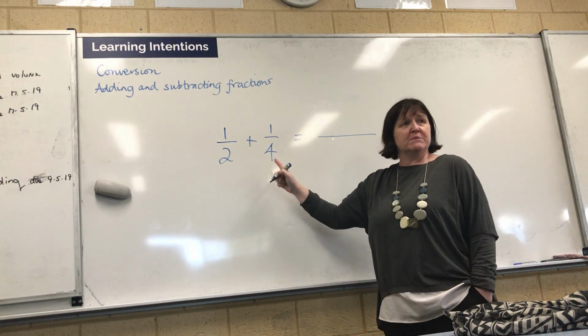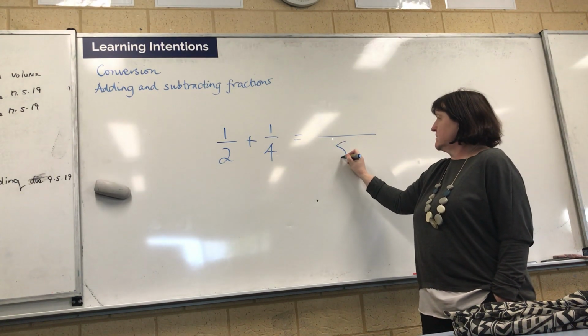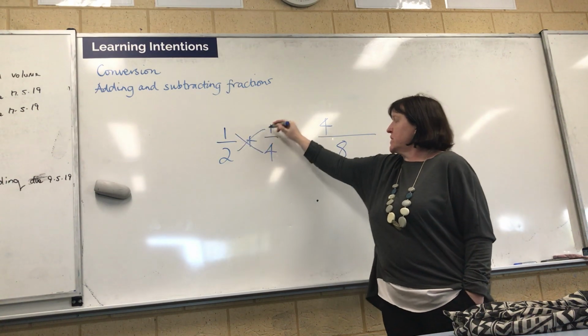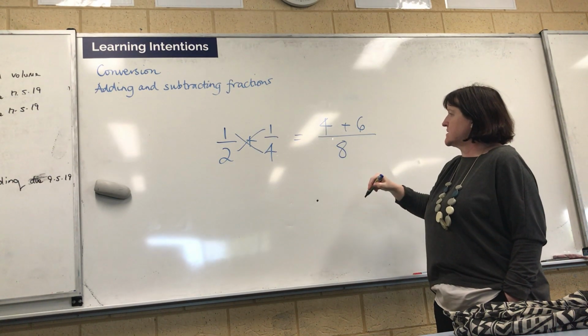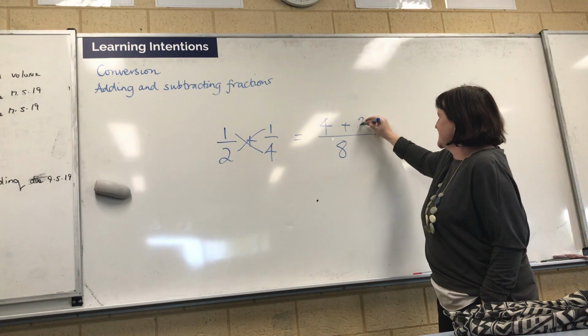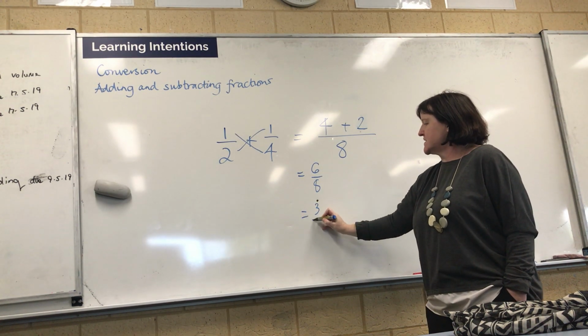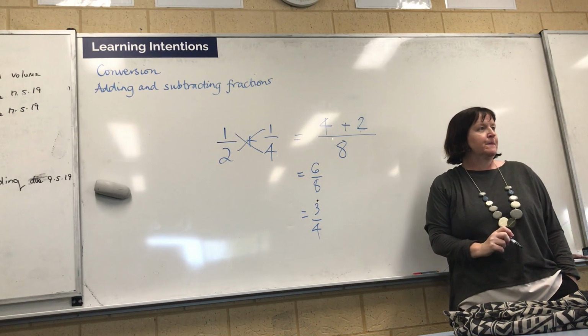We'd do 2 times 4 is 8. 1 times 4 is 4. 2 times 1 is 2. Sorry, I was saying 6 because that's the answer, obviously. And then it comes to 6 over 8, which simplifies to 3/4.